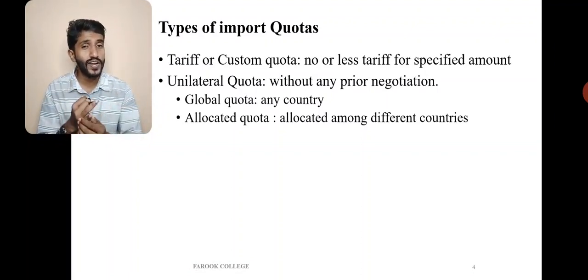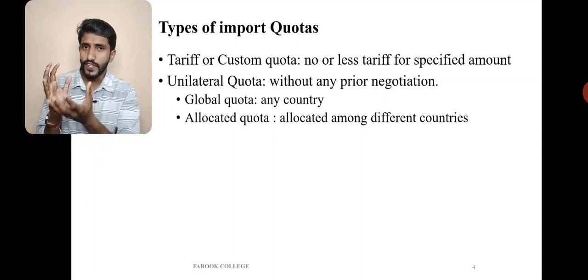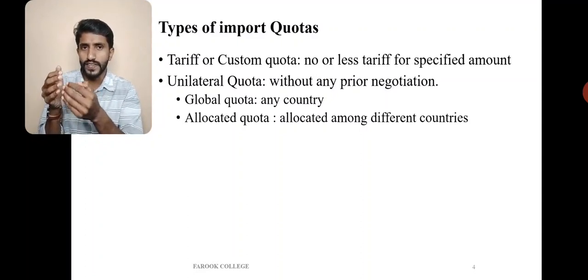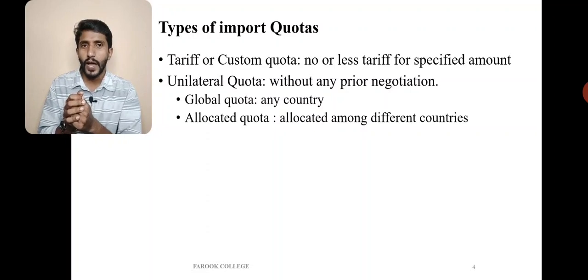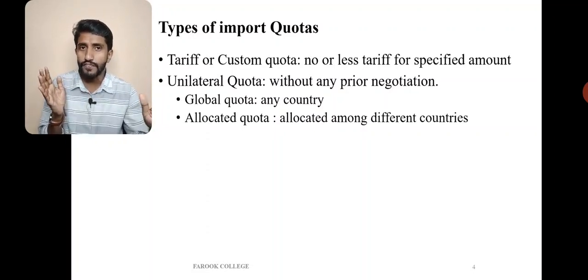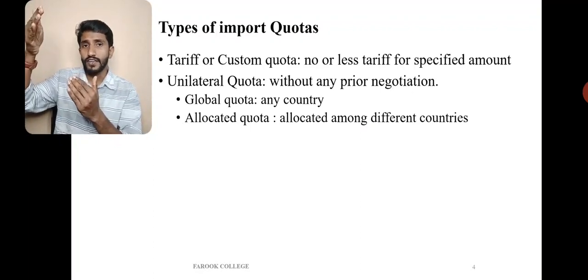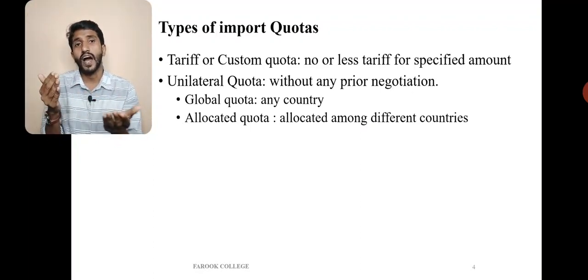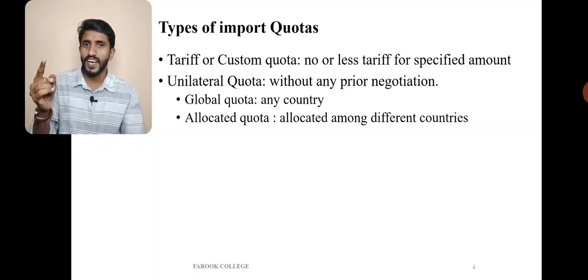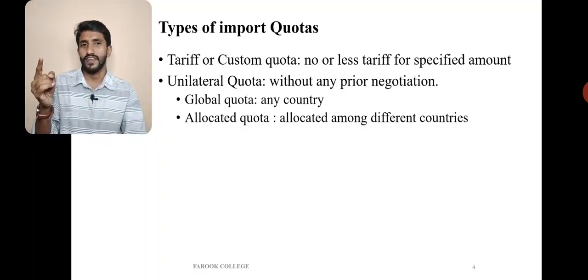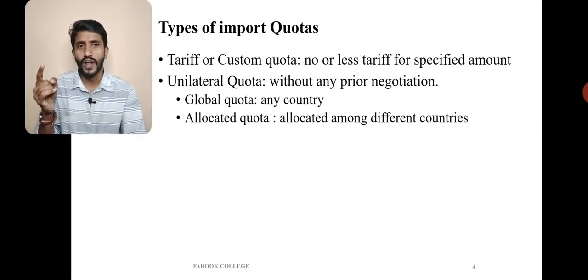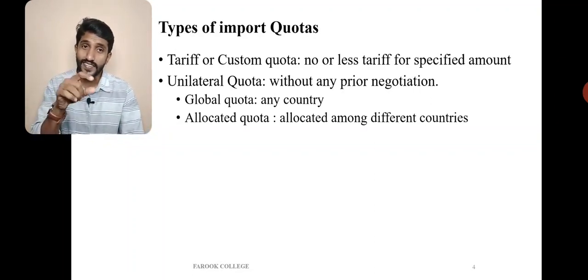For specific goods, up to a specific quantitative limit, there is no tariff, or there can be a small tariff for those products. But above that quantitative limit, there will be a high tariff. So a tariff is applied and a quota is also applied. This kind of system is known as a tariff quota or customs quota.